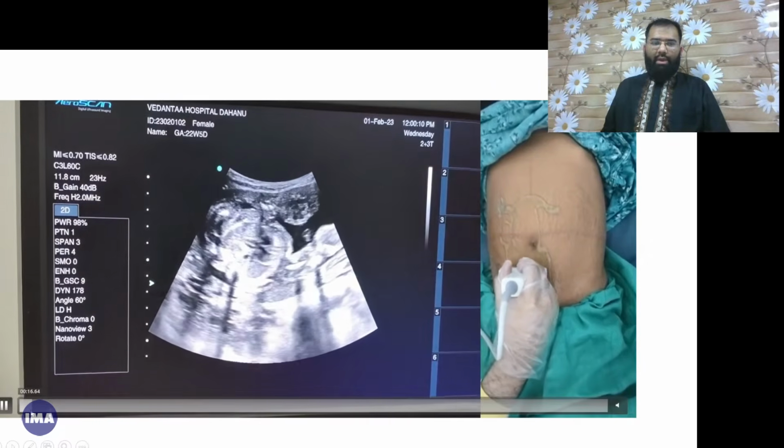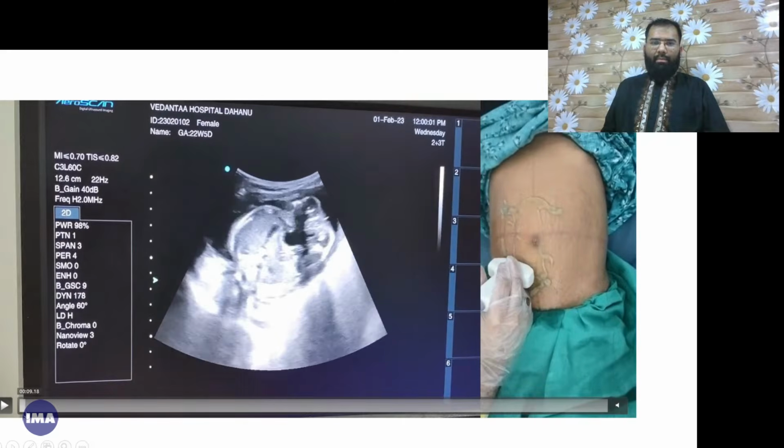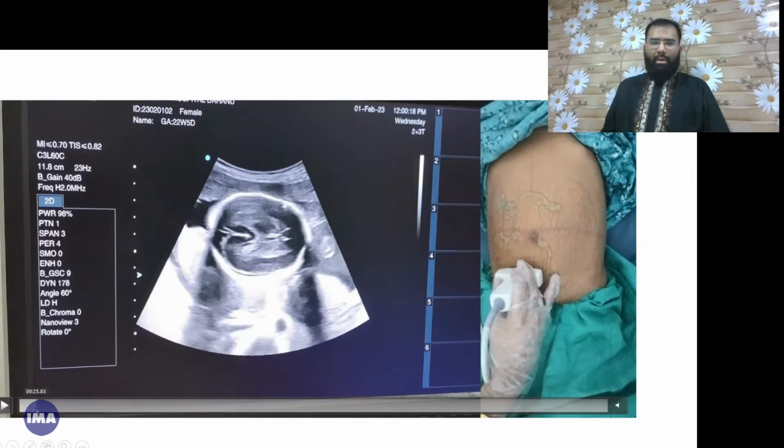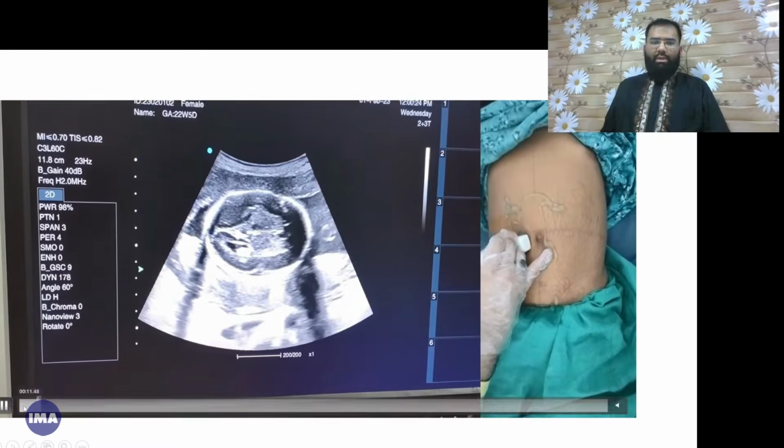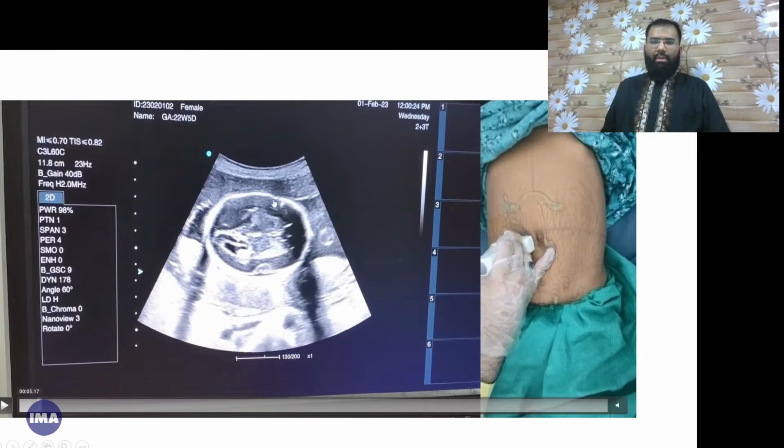If we look carefully, this is the head of the fetus. We are able to see this circular structure.